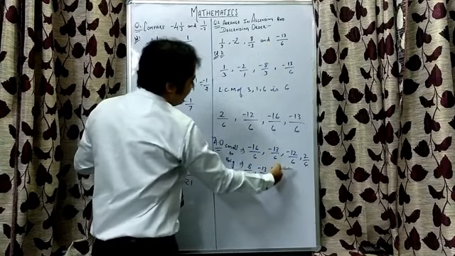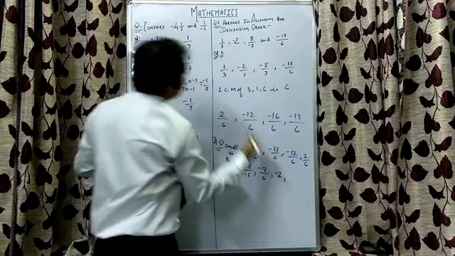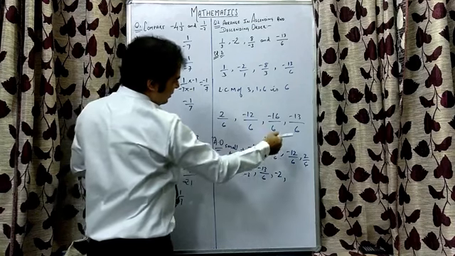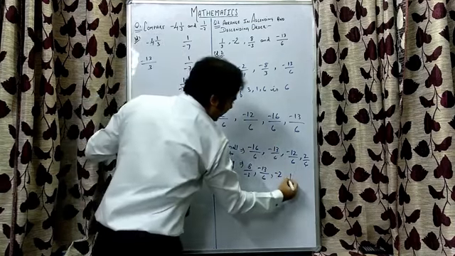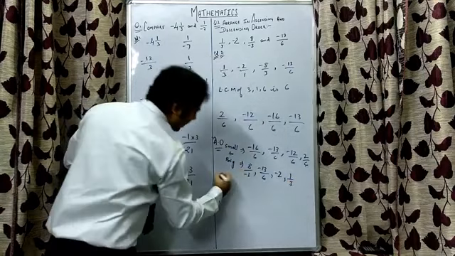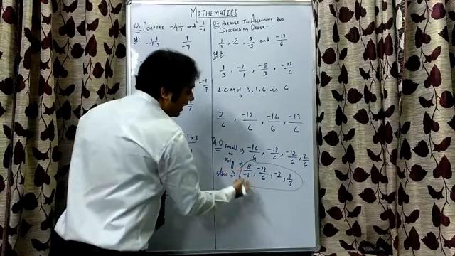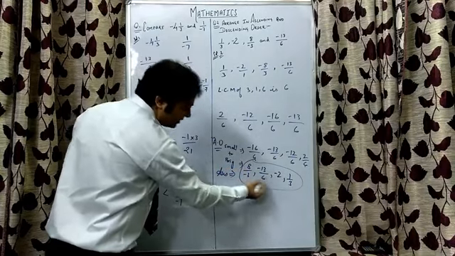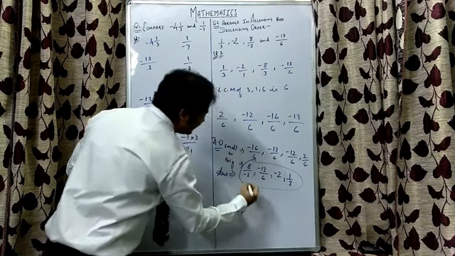Then minus 12 by 6 was the second one, so second one is minus 2. Followed by 2 by 6 was our first one, that is 1 by 3. So this will be our final answer in ascending order. In our answer we can either put commas or we can put the less than sign.